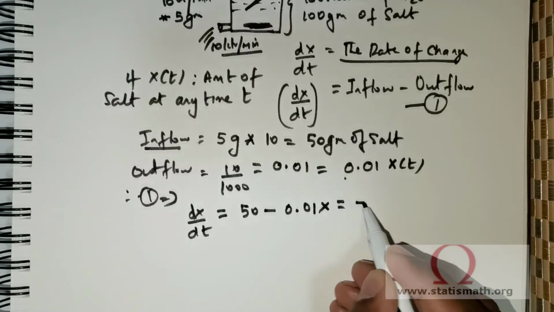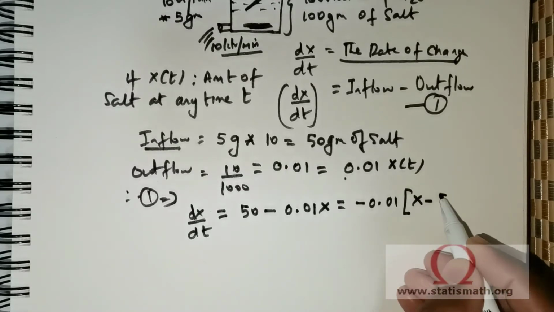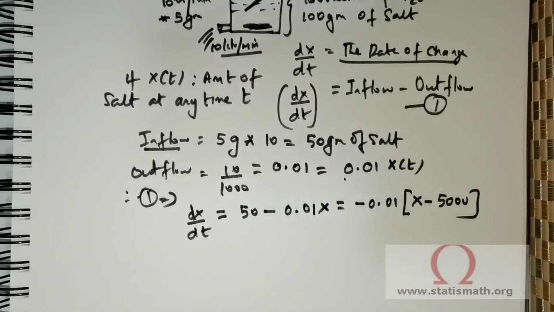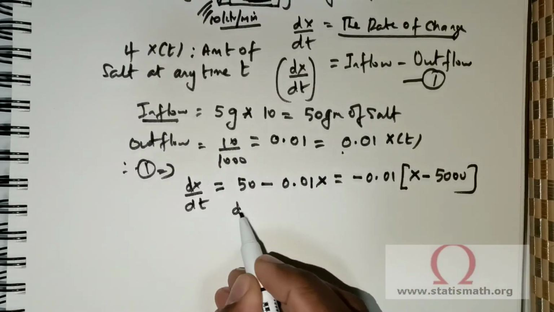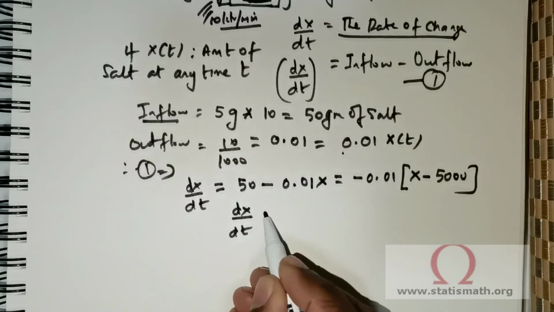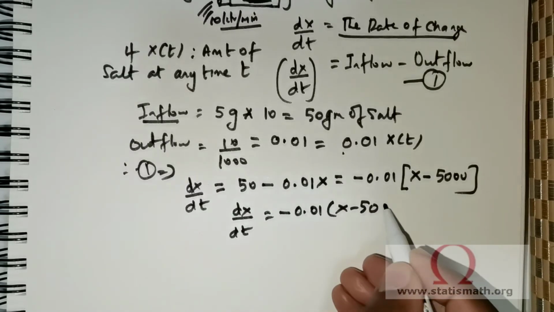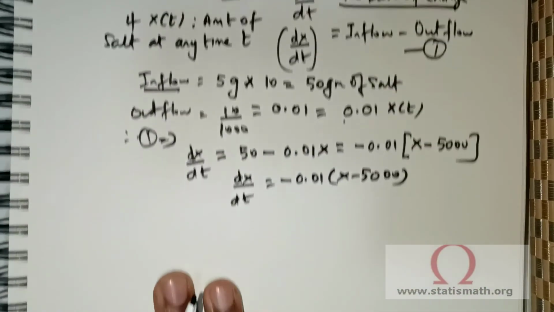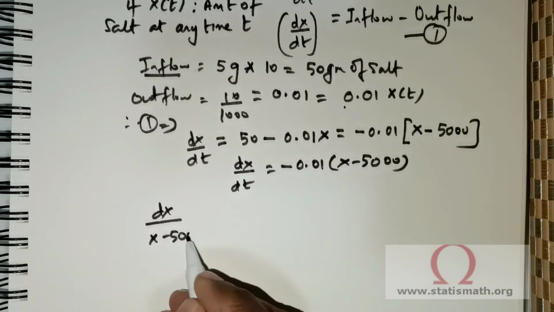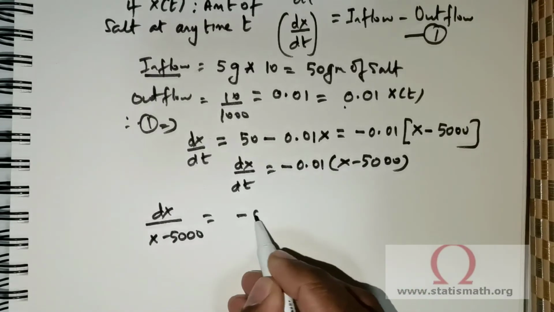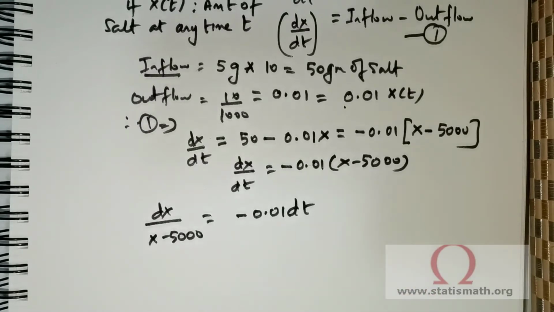If I take out negative 0.01, this becomes x minus 5000. So dx over dt is equal to negative 0.01 times (x minus 5000). Move x minus 5000 down and take dt to the right side, and you get an equation like this.